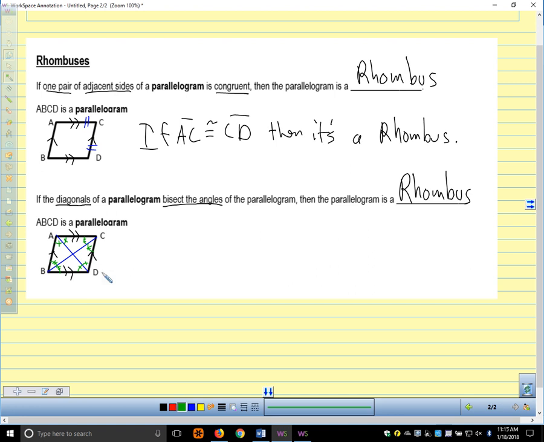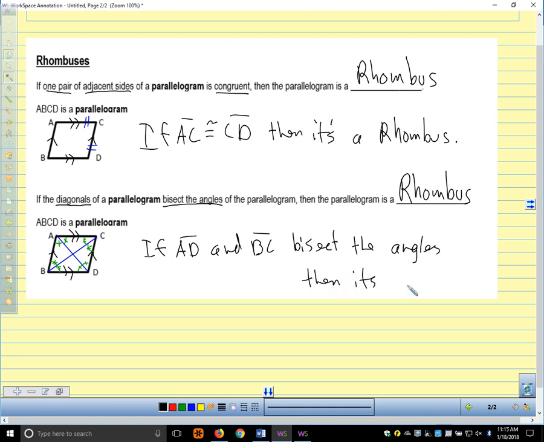I'm not going to write all the symbols, but we could say if AD and segment BC bisect the angles, then it's a rhombus.